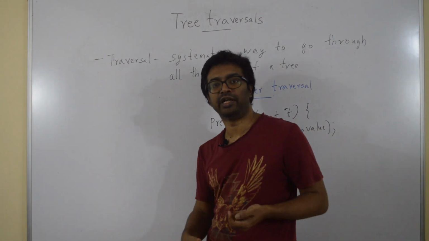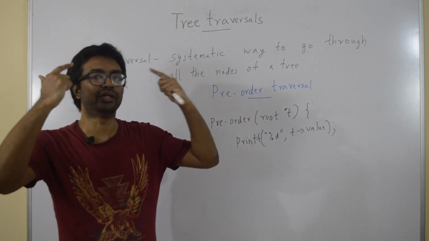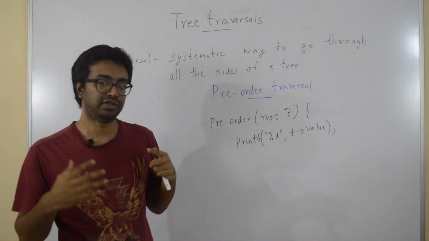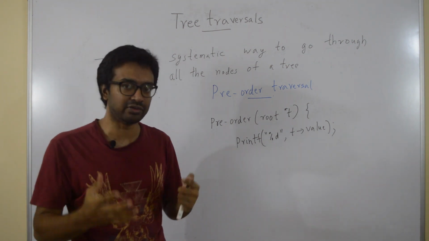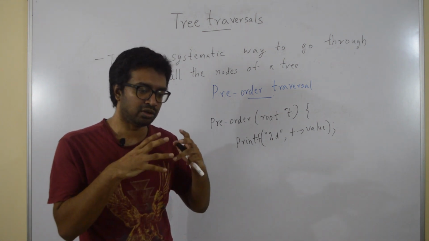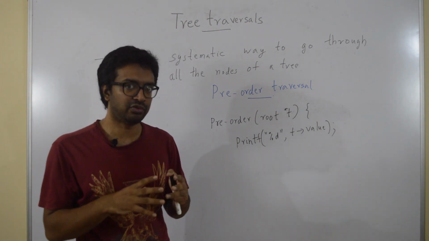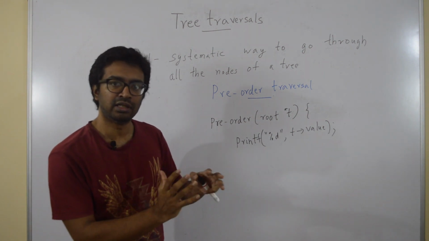Once I have printed the value there, you have to see it recursively, fine. As we told, most of the tree algorithms are going to be taught recursively. Once I have printed the value at the root of that node, what do I have to do? I have to visit the left subtree, right?